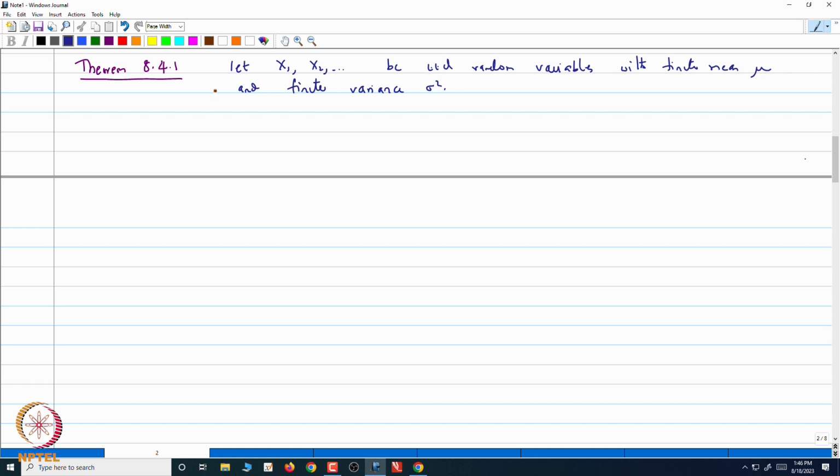That's the first step. In addition, for this theorem, let's assume that they also have a finite moment generating function.